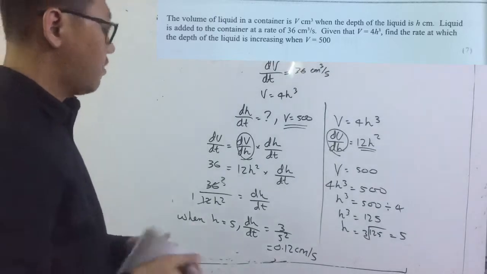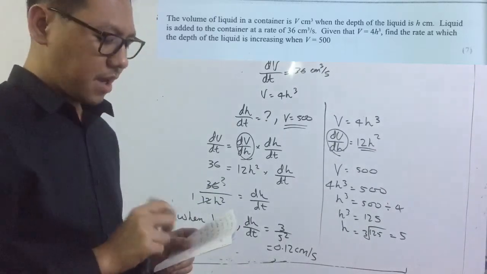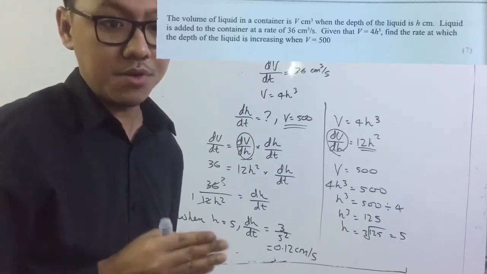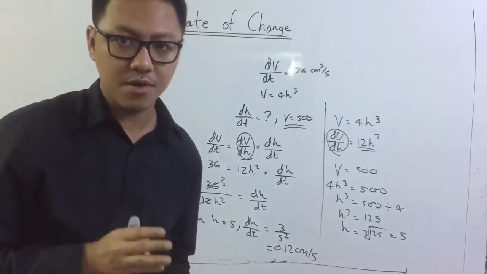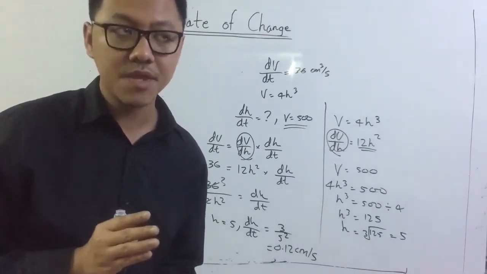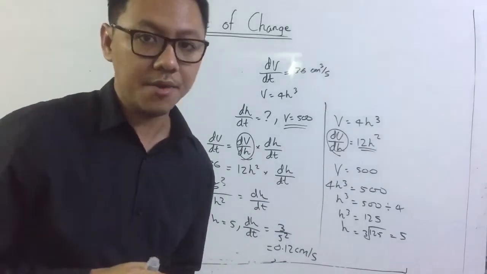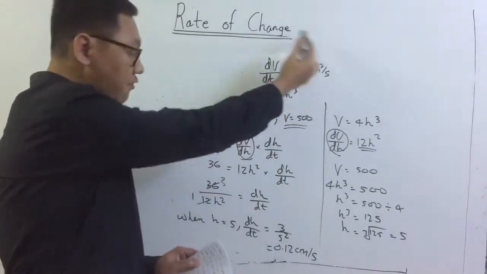First, you have to find out what is given, what they say, and you can judge by the units also. If it's cm cube or meter cube per second, which is volume, right? They're talking about rate of change, or dv by dt. Or if they give you cm squared per second, which is the area. So you have to find out what is given first.